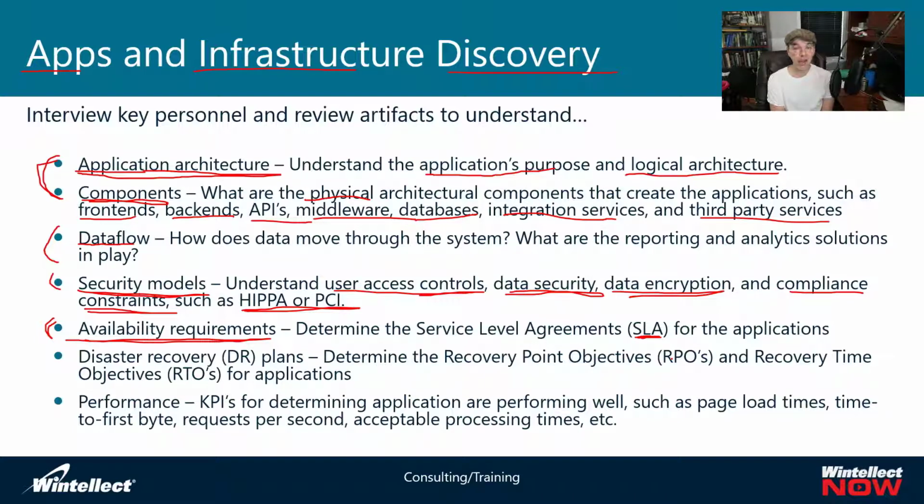So if I say in a given month, I want my application to be up 99.9% of the time, and we call that 3 nines, or is it 99.99% of the time, or 4 nines, or 5 nines? Each one of those has very different implications on how my application is going to be structured and deployed into the cloud. And then it's going to require me to think about what resources are available, how I'm going to manage that, etc. when I go to the cloud. So establishing an SLA for my application is going to be huge in how I deploy that in the cloud.